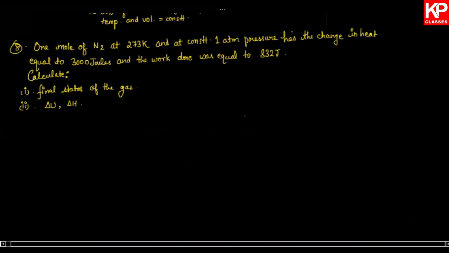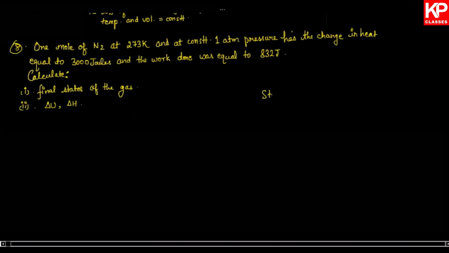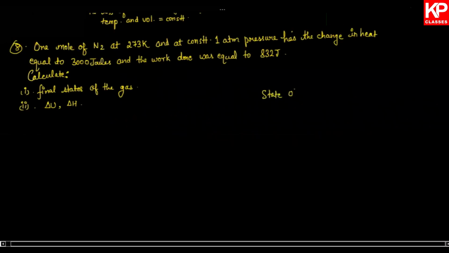A state of a gas is represented by its values of pressure, volume, and temperature. The pressure and temperature are given for the initial state, and you have to find them for the final state.